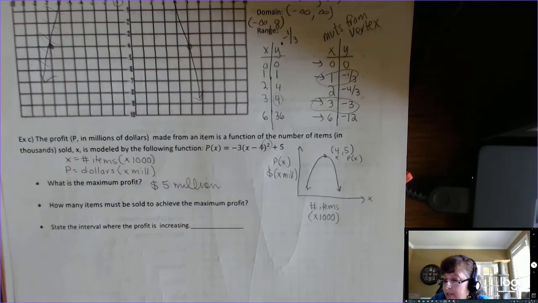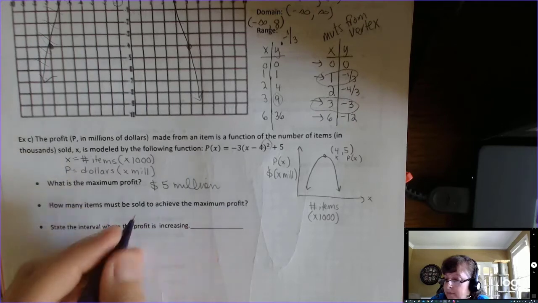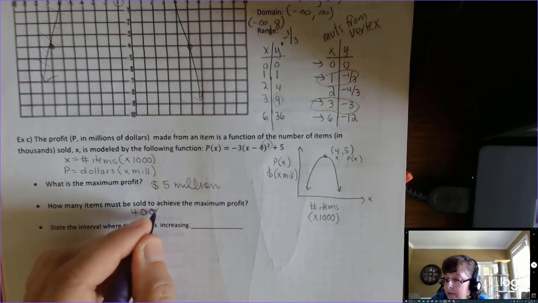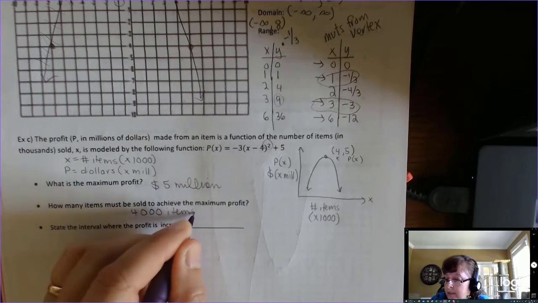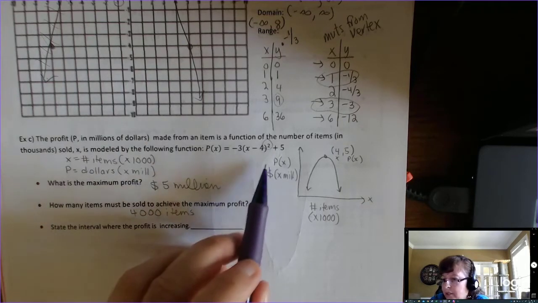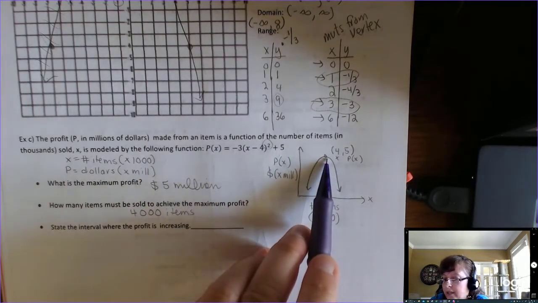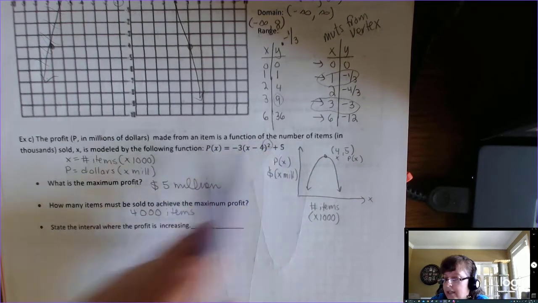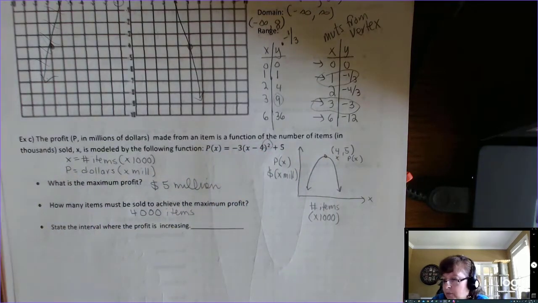And how many items must be sold to achieve the maximum profit? 4,000 items. So there's not a lot of math to do. Because we had it in vertex form, we had the answer right there staring at us. It's all about understanding what x and y, or P of x, is.